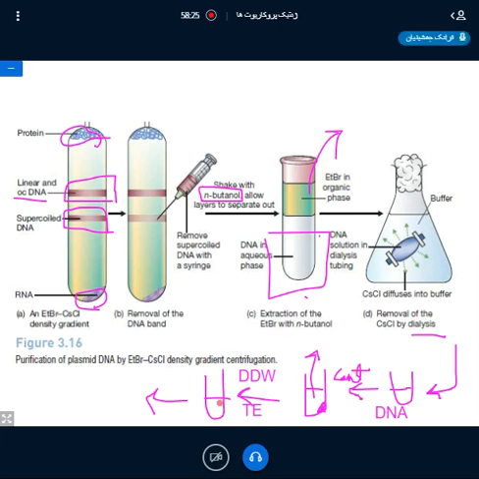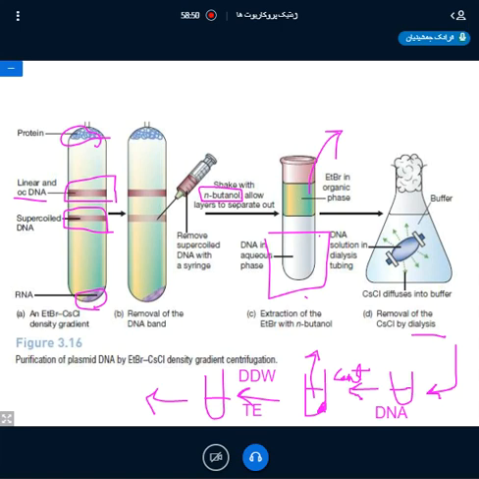I told you, after we have DNA, we should determine if we have DNA or not, or we can determine the qualification of the DNA. How? By the spectrophotometry process.